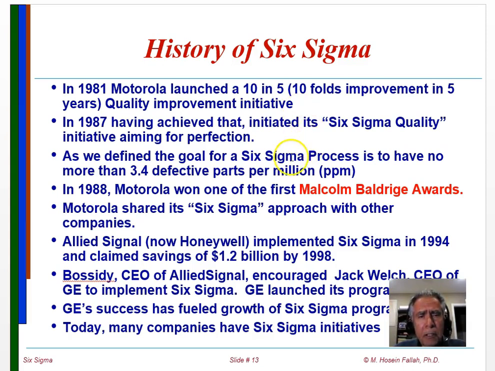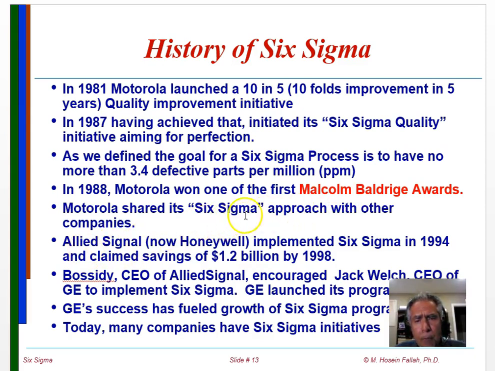By 1986, they actually achieved that goal, and so the company then decided that they want to go for perfection, and that's when the Six Sigma initiative was initiated in early 1987, and Motorola, with its culture of quality and under the Six Sigma program, was able to actually achieve and get one of the first Malcolm Baldrige Quality Awards.